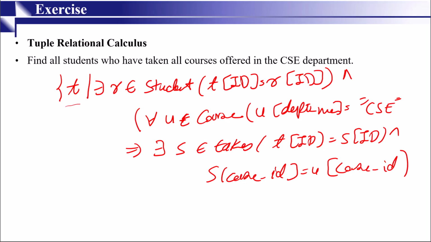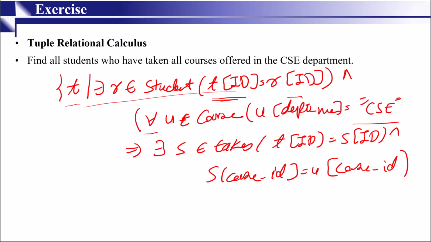So it means we want to have IDs, right? This T.ID represents the student ID of qualifying students based on this CSE that we have here. Then we say there exists a student, T.ID is equal to R.ID. This ensures that T.ID corresponds to a valid student in the student table.